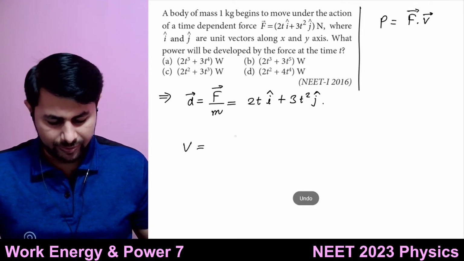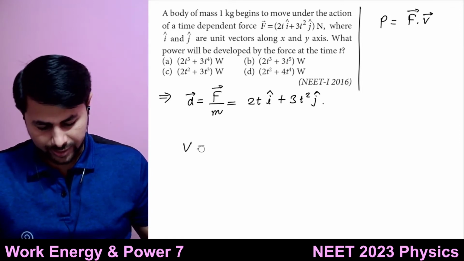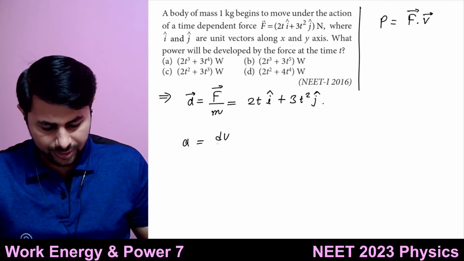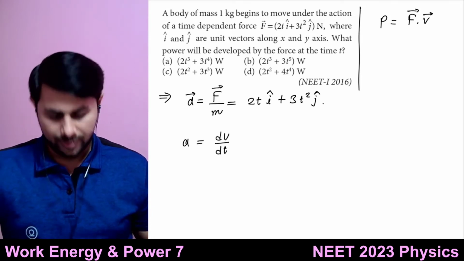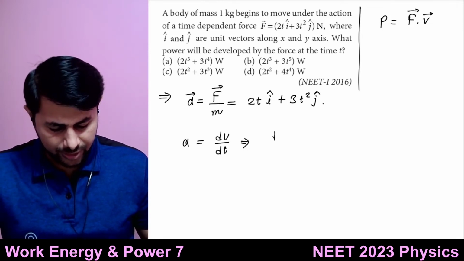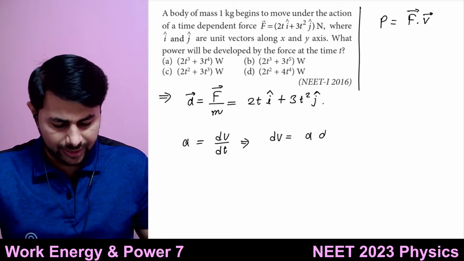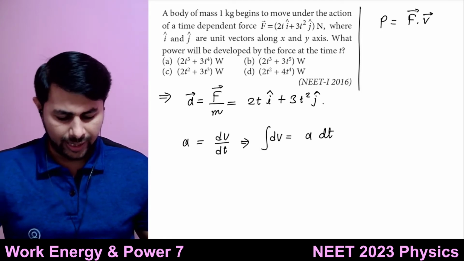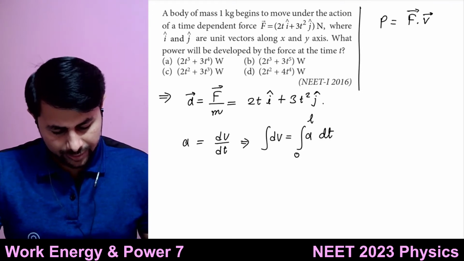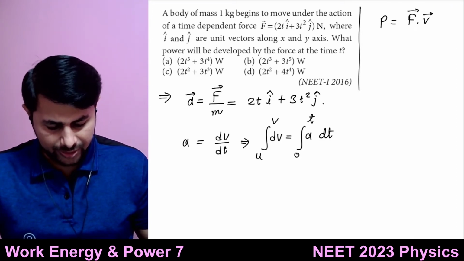You can write acceleration equals dv by dt. Then you can take that dt on the other side, so dv is equal to a dt, and if you integrate it from 0 to t, you get the change in velocity.